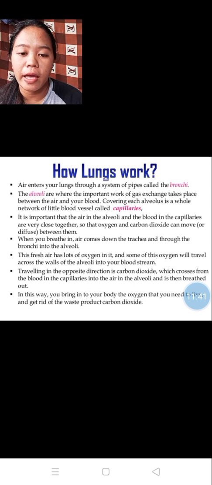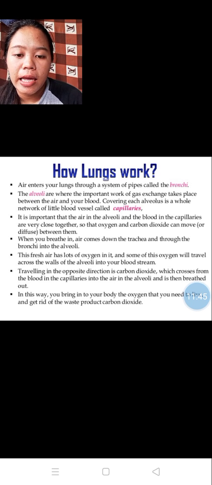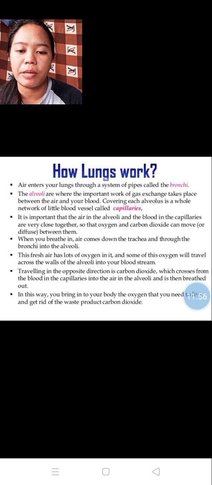When you breathe in, air comes down through the trachea and through the bronchi into the alveoli. This fresh air has lots of oxygen in it, and some of this oxygen will travel across the wall of the alveoli into your bloodstream.